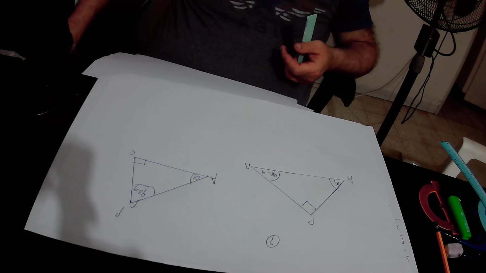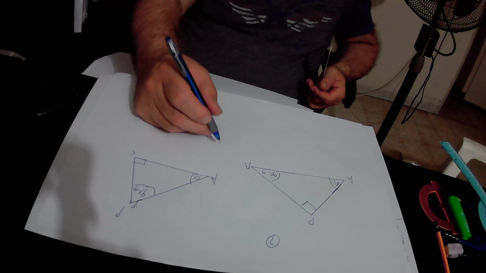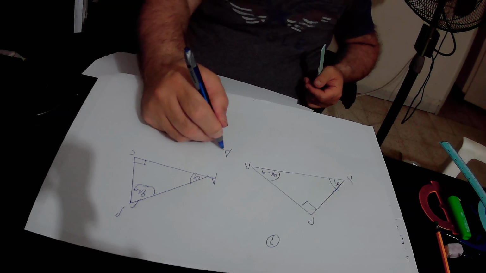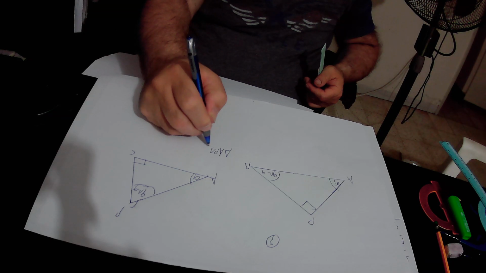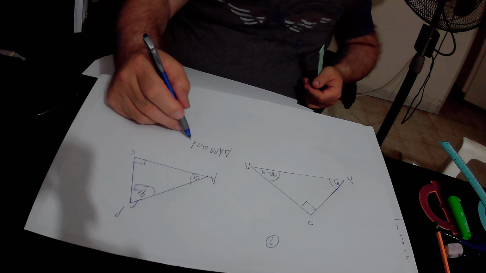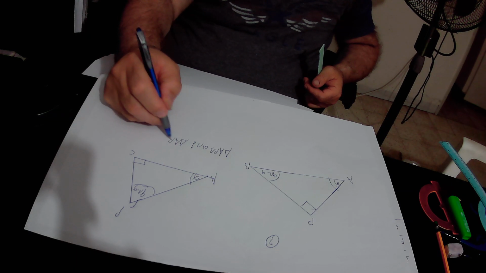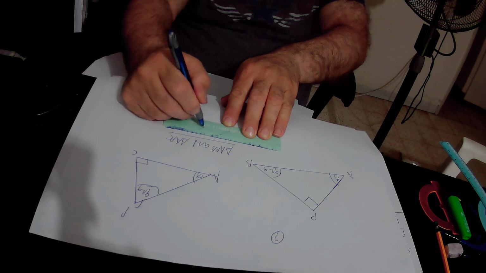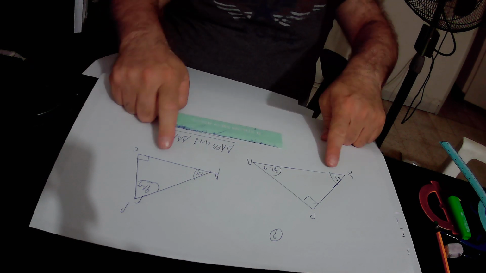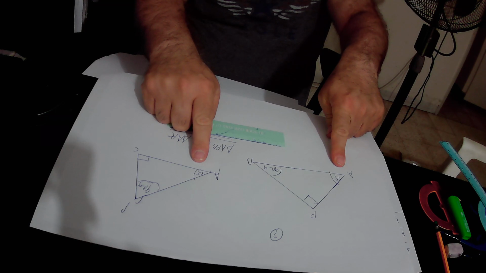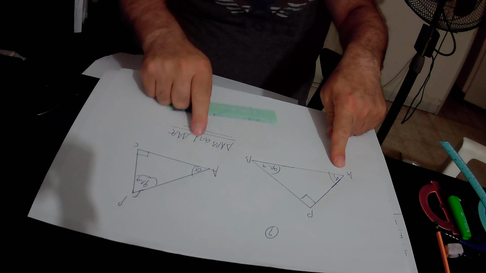Which is to say, we'll prove that the right triangle APB is similar to this right triangle APC. So why are those two right triangles similar to each other? First of all, those two angles are both equal to alpha, therefore they are equal to each other.